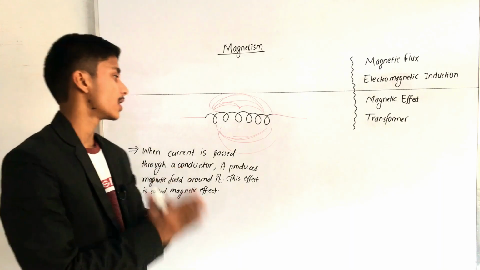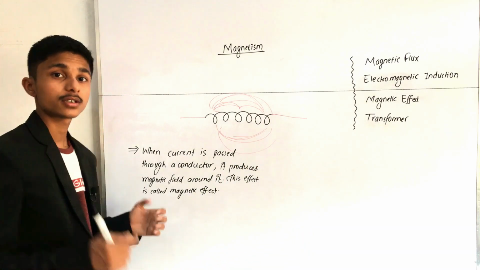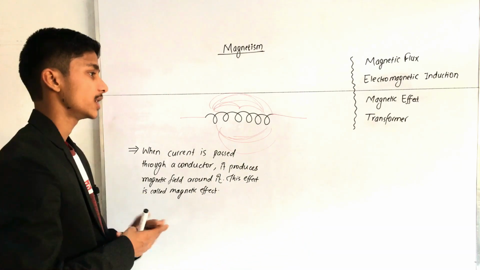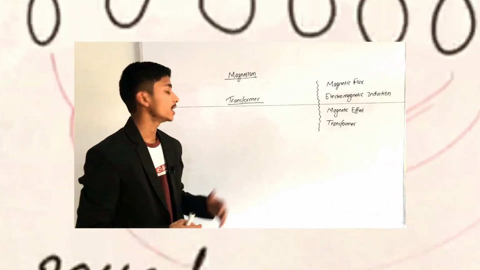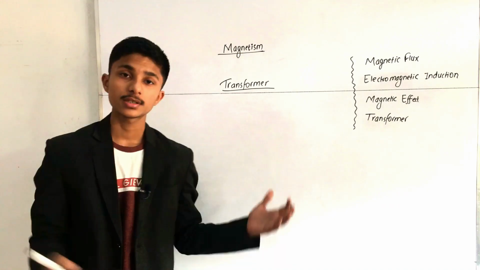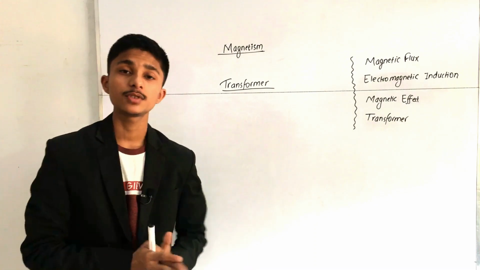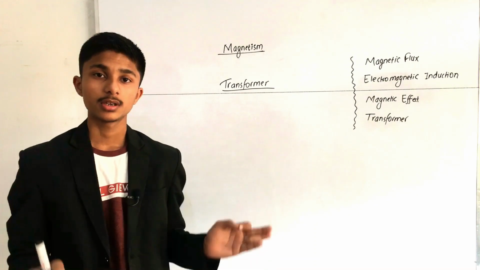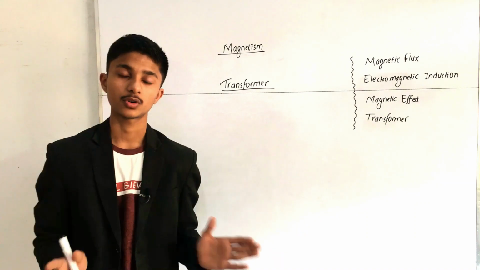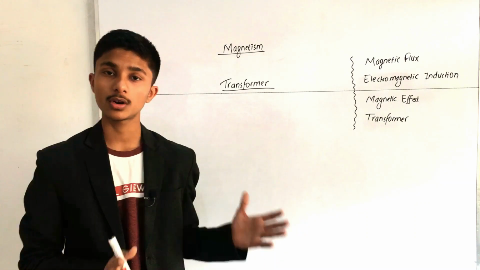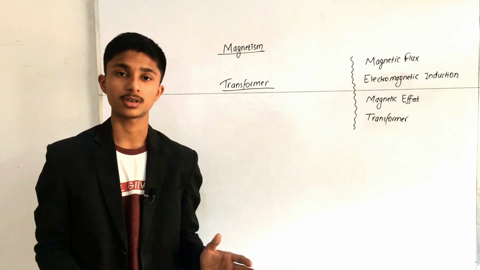Now we move to our next topic, that is transformer. What is a transformer? And we discuss everything about transformer. We all know that transmission of electricity over a long distance with the same potential difference is very difficult.